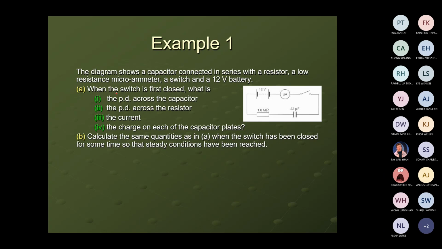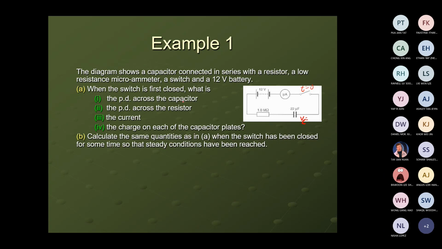A, when the switch is first closed, what is the PD across the capacitor when the switch is closed for the first time, when the time is 0, just closed? What is the voltage across the capacitor, VC, V at capacitor?